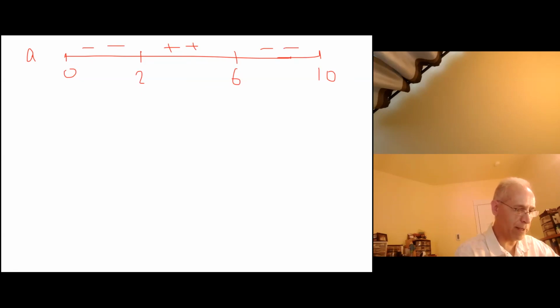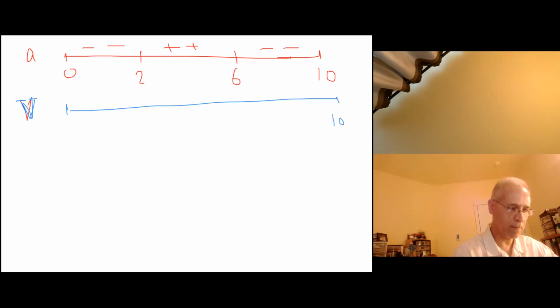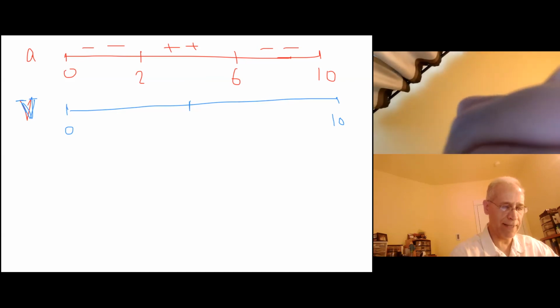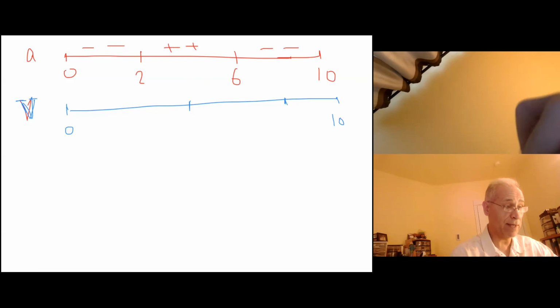For velocity, the critical points were 4 and 8.